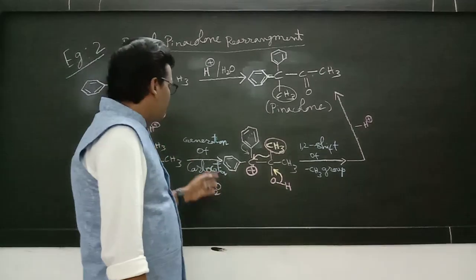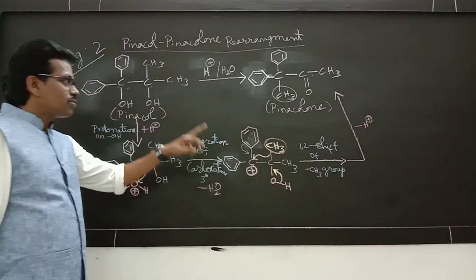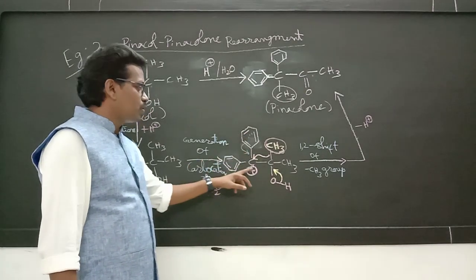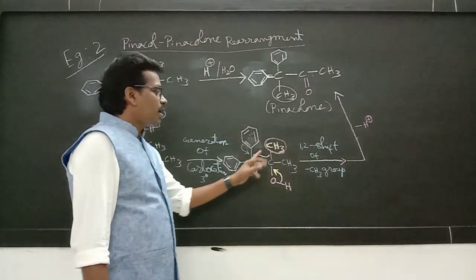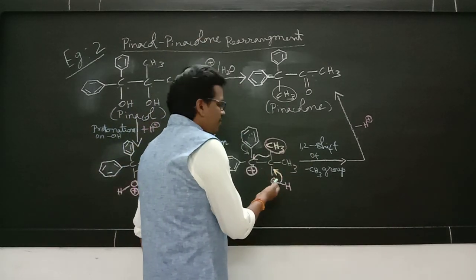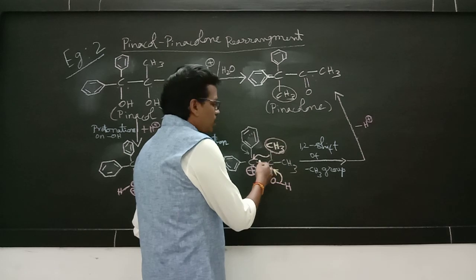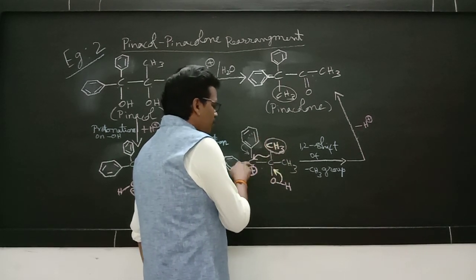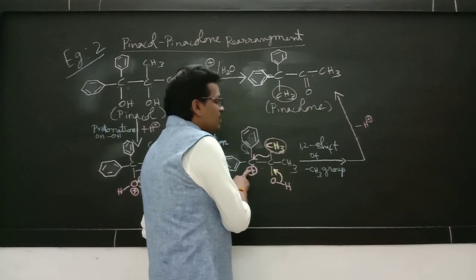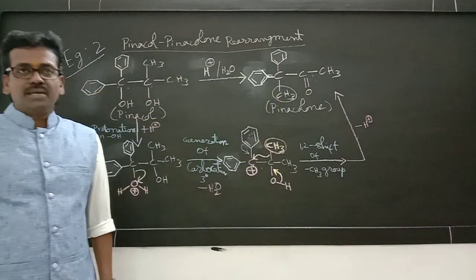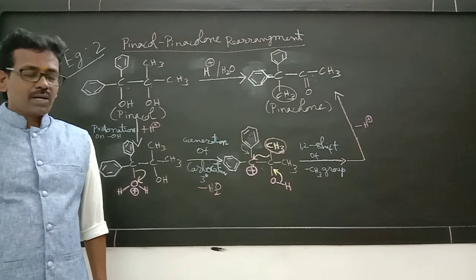That is why the only product which will be formed is by the formation of carbocation on the two phenyl group substituted carbon. Then automatically in the second step, loss of one H+ ion from the second OH group, so the migration of the methyl group from the second carbon to the first carbon occurs, which results in the formation of the expected pinacolone product.